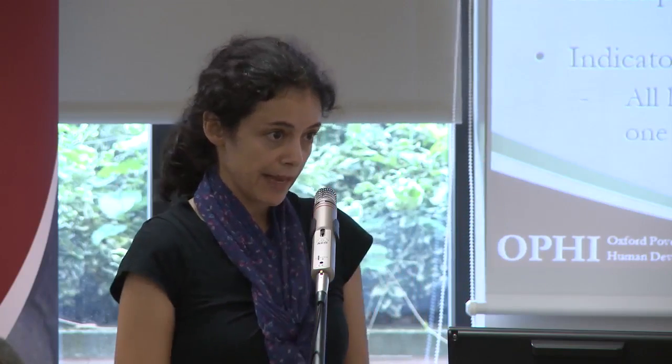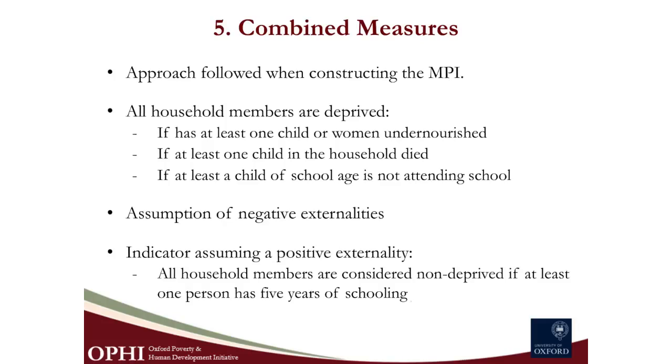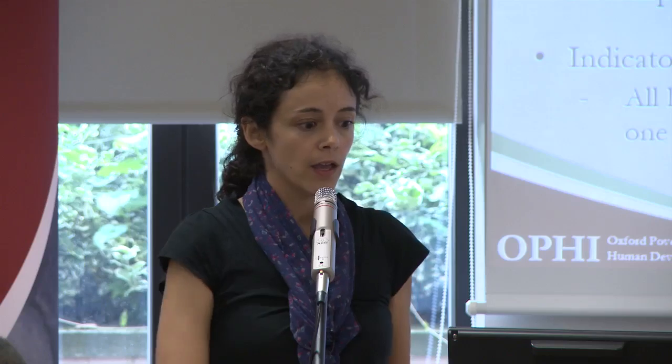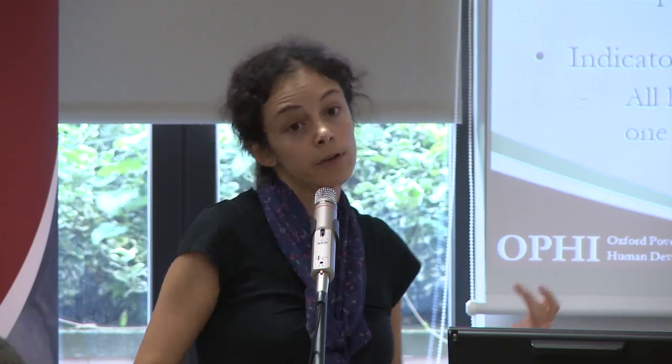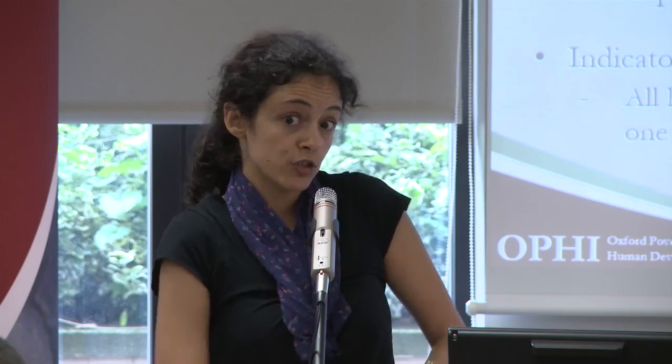This is what we did with the MPI. The MPI's unit of identification, the distinction that Adriana just made, is the household. However, I have information that is about the children, attendance, nutrition. So what do we do to extrapolate from information on the children to the household? For instance, in the case of nutrition, in most cases we only have data, in DHS or MICS, just for children under 5, or just for women.